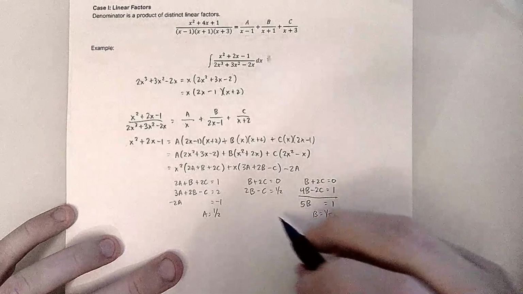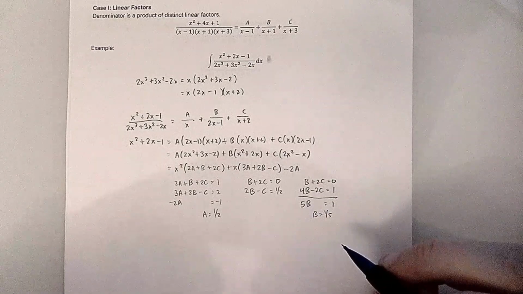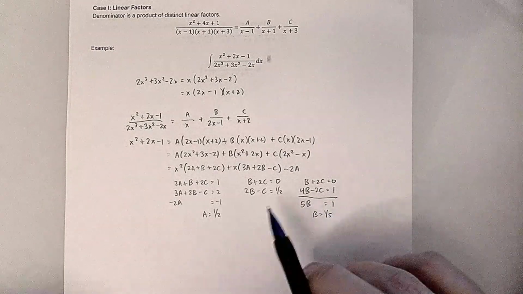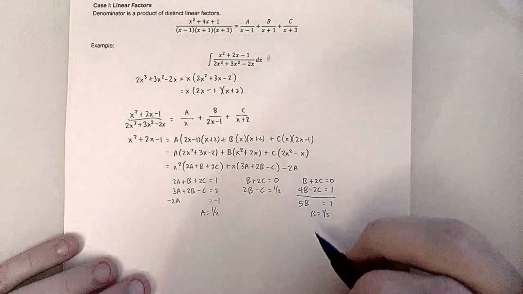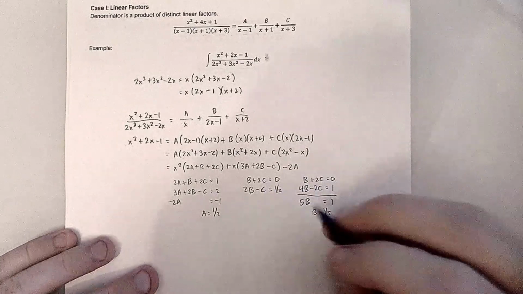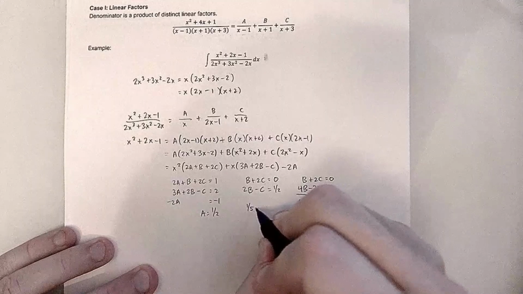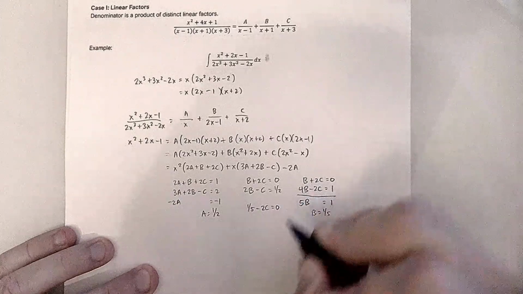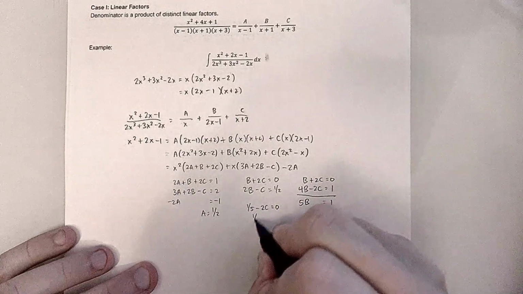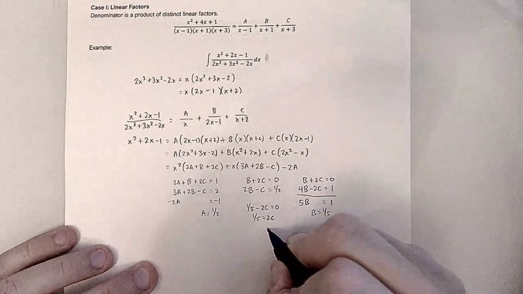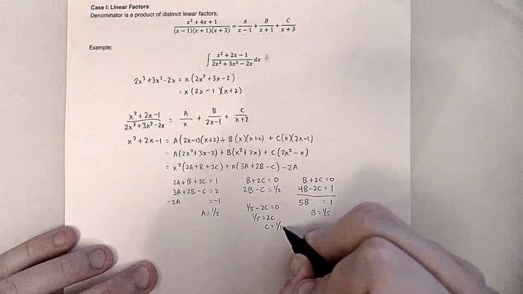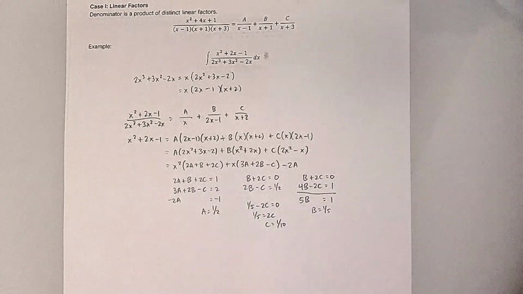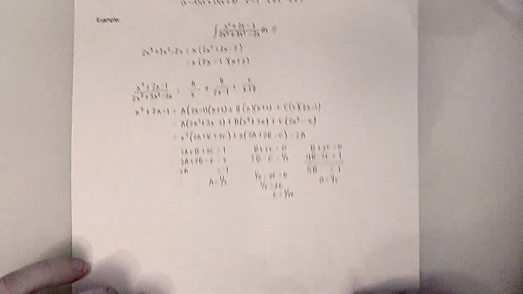So now we just need to substitute it back into one of our equations over here. In fact, I'm going to take this one, and I get 1/5 minus 2c is equal to 0. Bring that over to the right-hand side, and we should get 1/10 is c. So now we have our coefficients that we can use in the partial fraction.